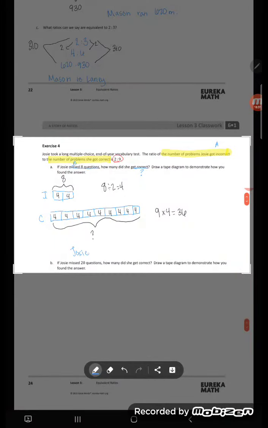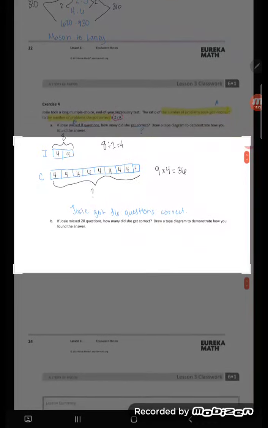Josie got 36 questions correct. All right, just like that, we use the tape diagram. Goes by super fast if you know where all the numbers go. It's going to take some practice, but we're going to keep on trying.